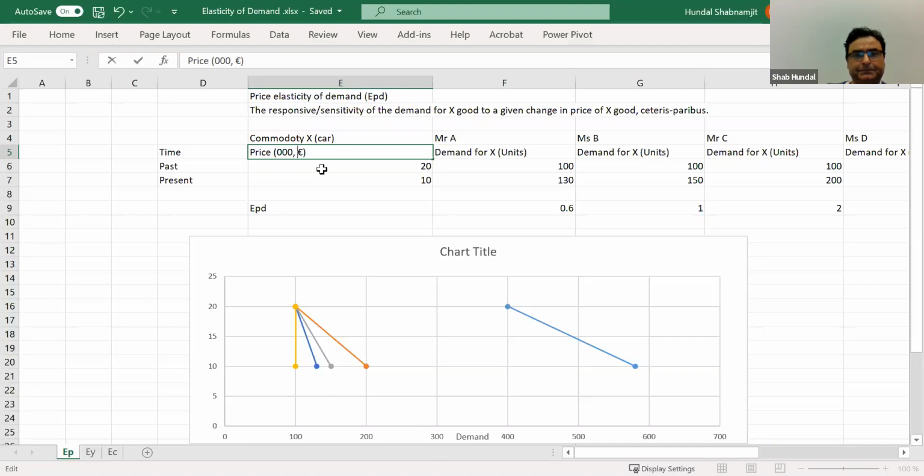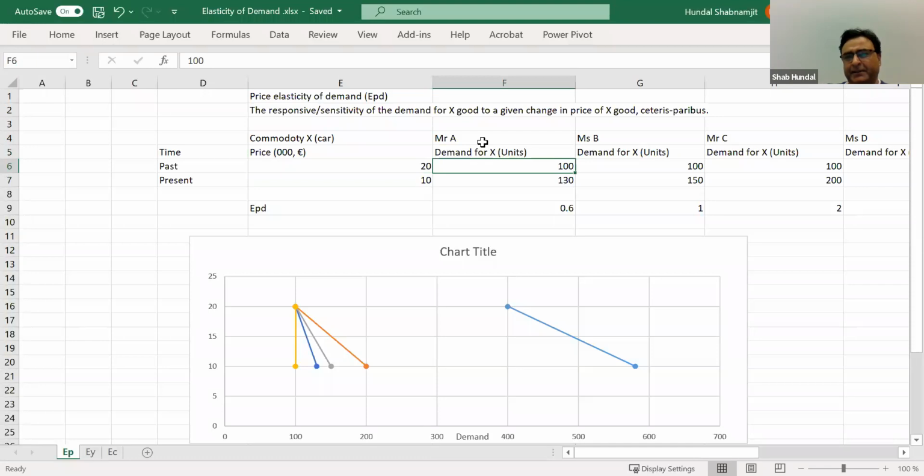It doesn't matter. When the price of car goes down, there are more cars demanded. Mr. A, 100 cars. I don't know, it depends upon the data. But forget about the numbers, the main thing is that the consumption of cars increases.